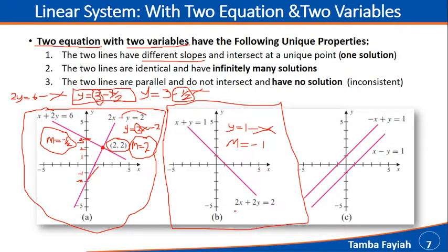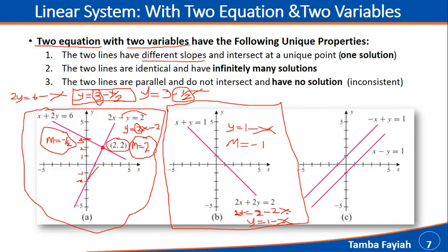To see how the slopes are equal, let us solve for the slope of this equation. Here we have 2y is equal to 2 minus 2x. If we divide all through by 2, we get y is equal to 1 minus x.